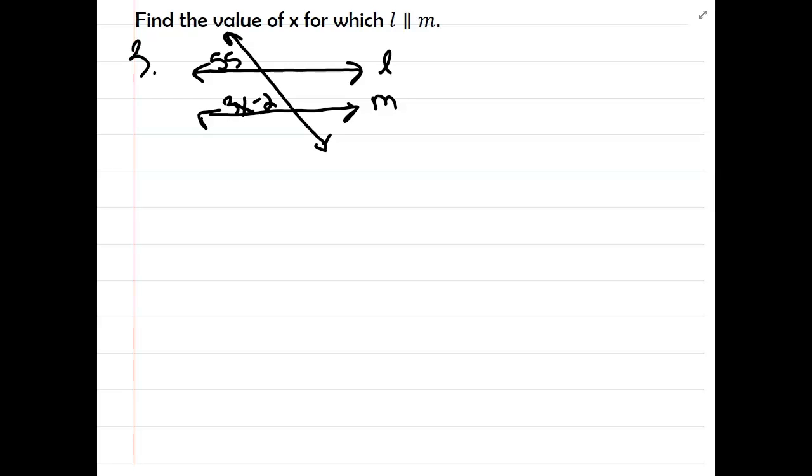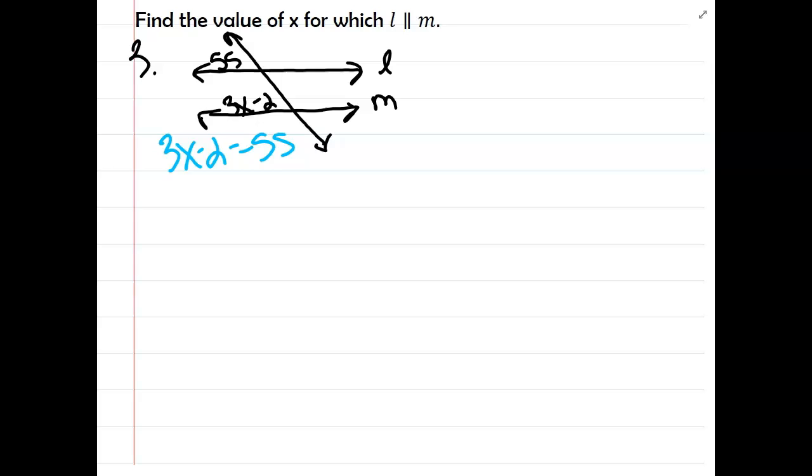So I'm trying to figure out what x would need to be to make these parallel. Now, if these lines were parallel, what would I know about these two angles? 3x minus 2 would equal 55.